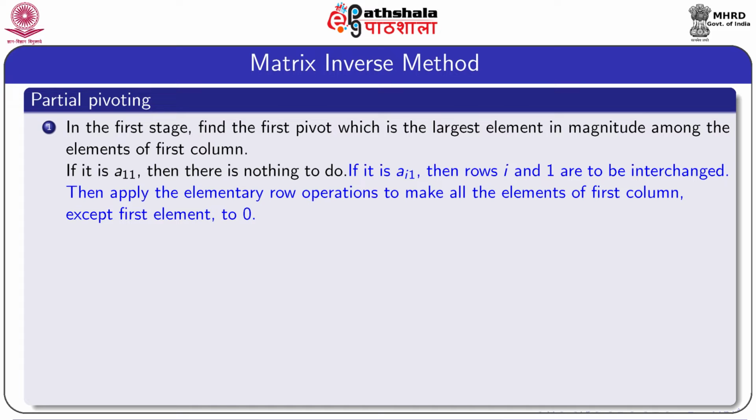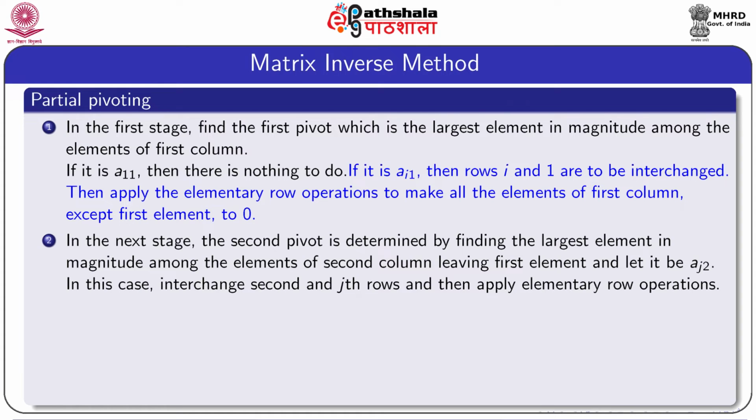If it is a_11, that means the first element, then there is nothing to do. But if it is a_i1, where i is not equal to 1, then rows 1 and i are to be interchanged. Then apply the elementary row operation to make all the elements of the first column except the first element 0.